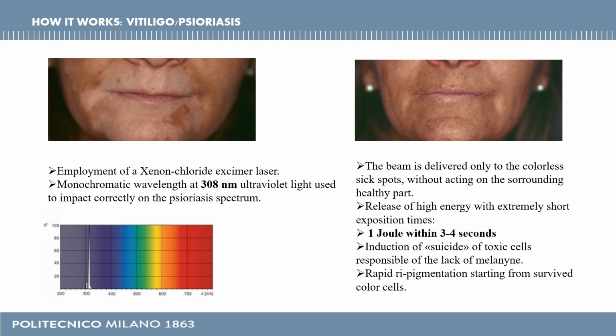In general, Frontiers of Medicine give the possibility to repigment the sick area through a mechanism that is based effectively on the use of a xenon chloride excimer laser. We are talking about a monochromatic wavelength, as we can see here from this spectrum, at 308 nanometers ultraviolet light.